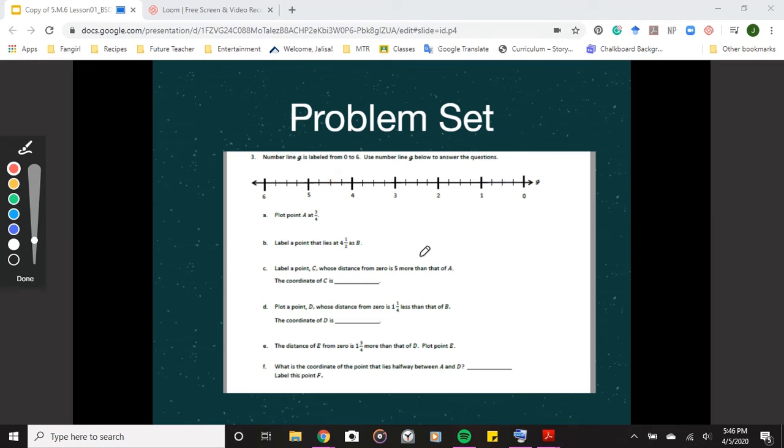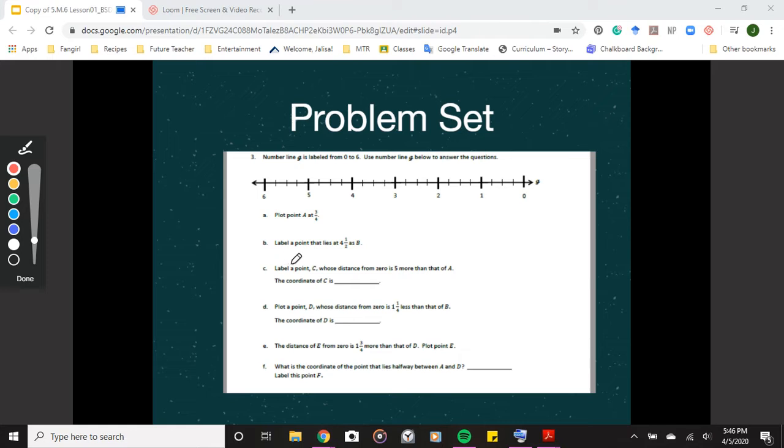All right, let's look at C. Now this is a little bit different because it's not asking us the same thing. It says label a point C whose distance from 0 is 5 more than that of A. Whoa, insane. What does that mean? Let's read it again.